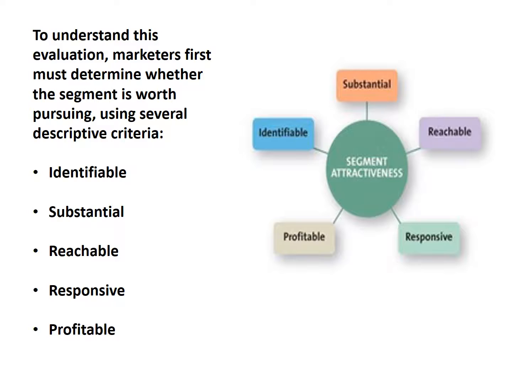In the segment attractiveness, we have identifiable, substantial, reachable, responsive, profit. To understand this evaluation, marketers first must determine whether the segment is worth pursuing using several of the descriptive criteria that I just read off.